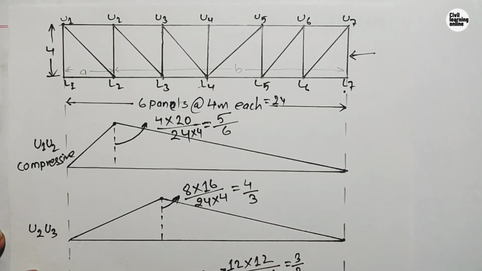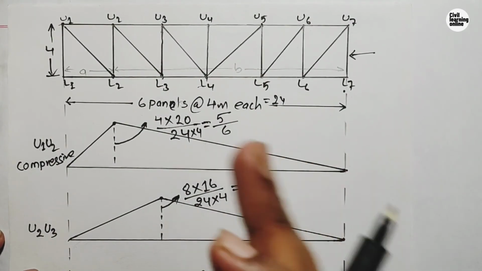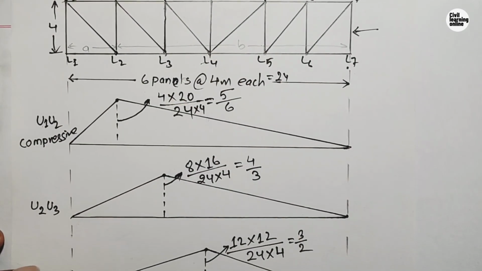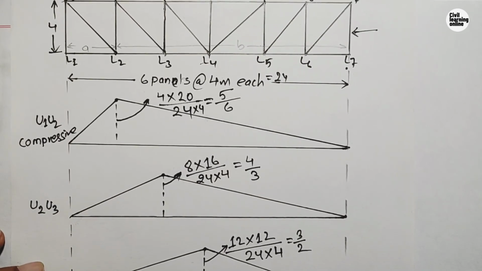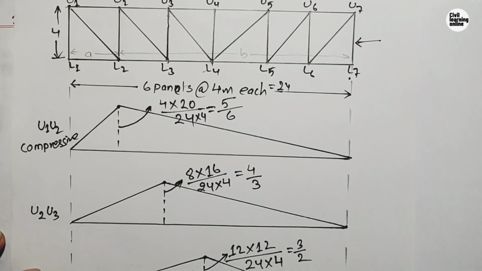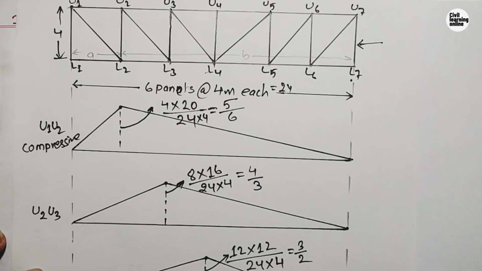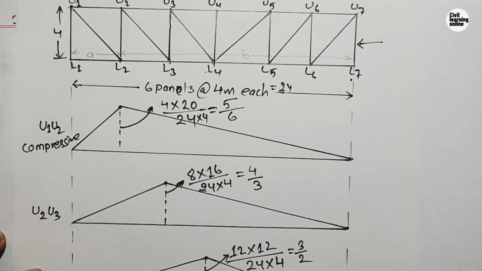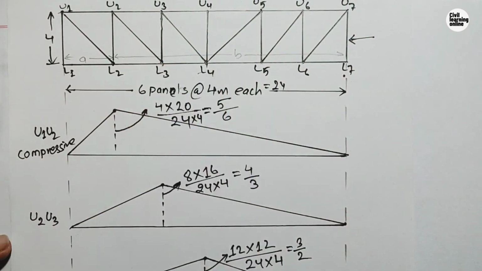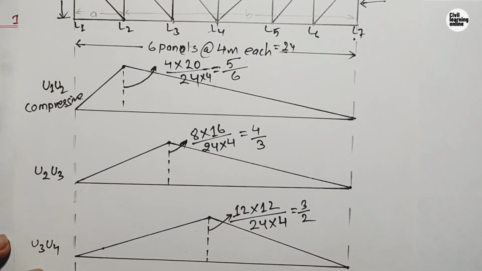Whenever you are provided with such trusses, a similar condition will be provided, because it is very time consuming when you are solving this numerical in the exam, because you would need to find the force in each and every member: lower chord member, upper chord member, diagonal member, vertical member.